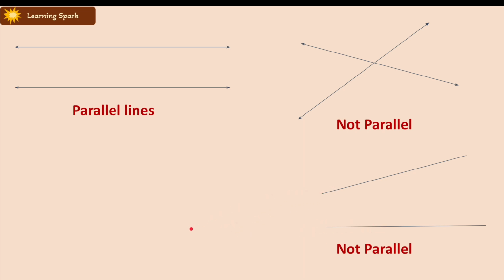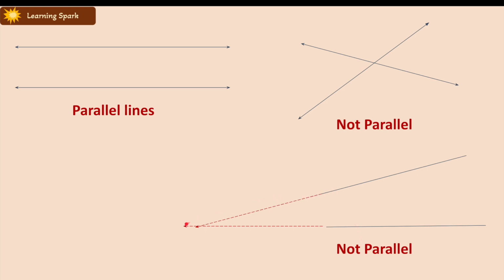If yes, then these are not parallel lines. Or if you extend in this direction, will they meet? If the answer is yes, then also this is not parallel line. In this case, if you extend in this direction, they will go and meet here, right? These two lines will meet in this point. And that is why these are not parallel lines.